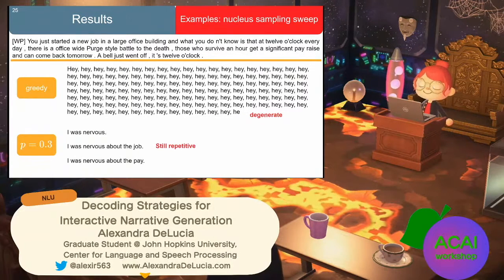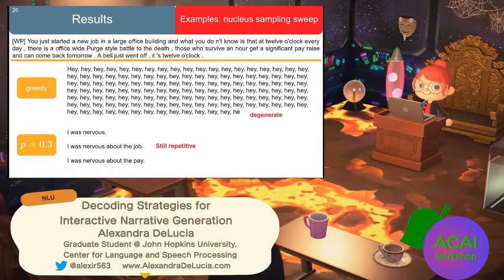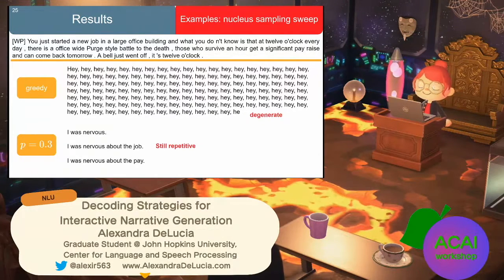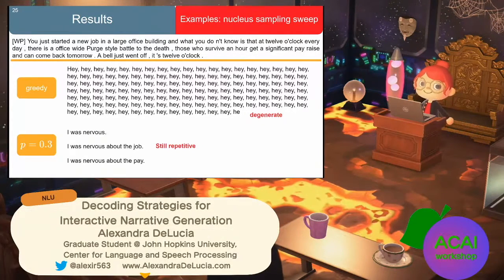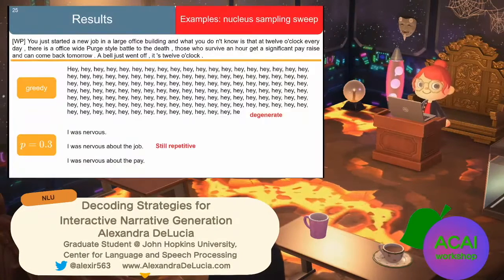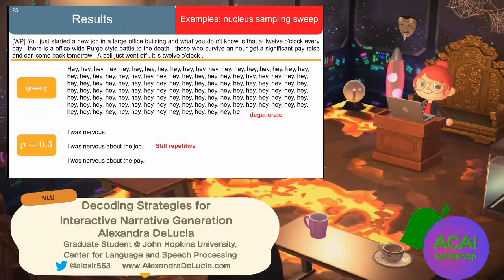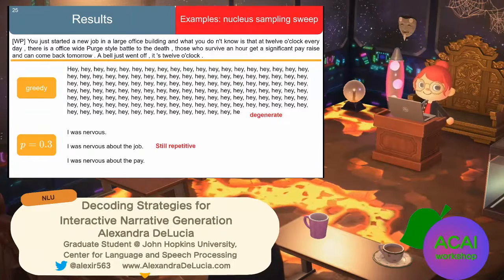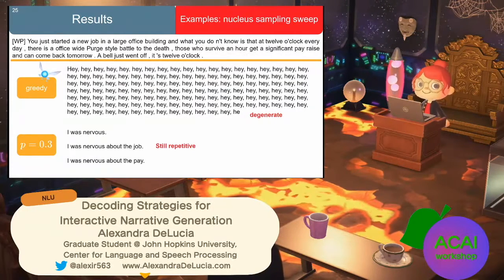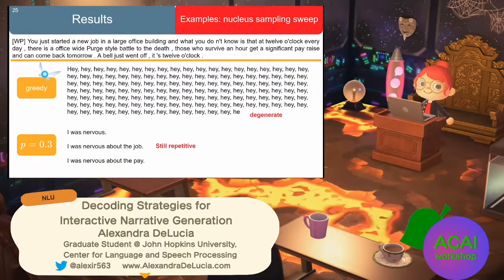And for p equals 0.3, it's still repetitive, a little better. Some of these examples are going to be long, so I'm not going to spend too much time on each slide. Don't worry about rushing through reading them. These slides will be posted where you can read through them at your leisure. But that greedy search one, just imagine that, just say it in Navi's voice in your head, and then it becomes a lot better or worse, depending on your opinion of how annoying Navi is.